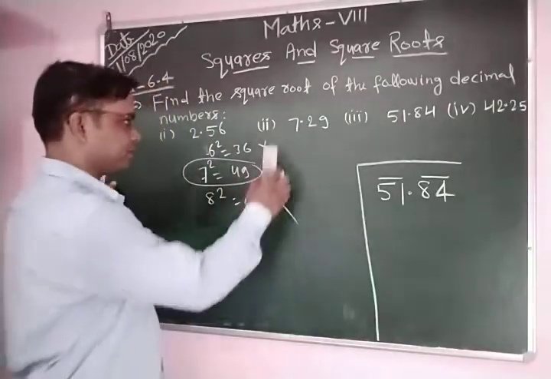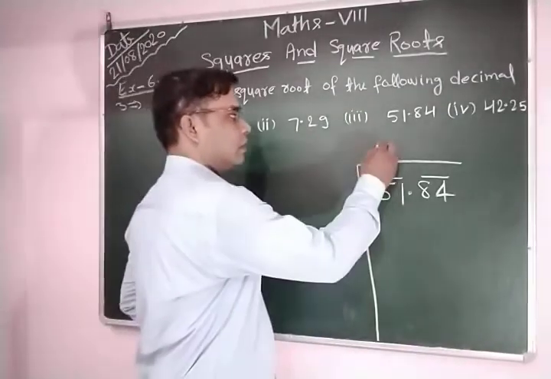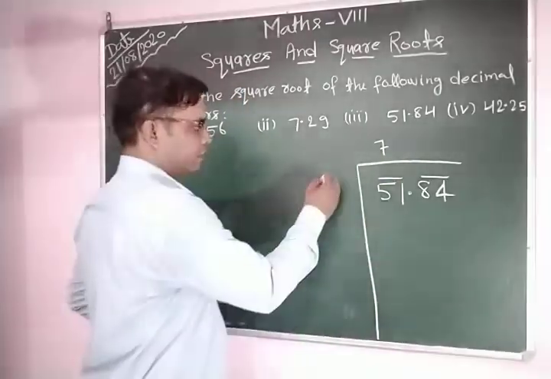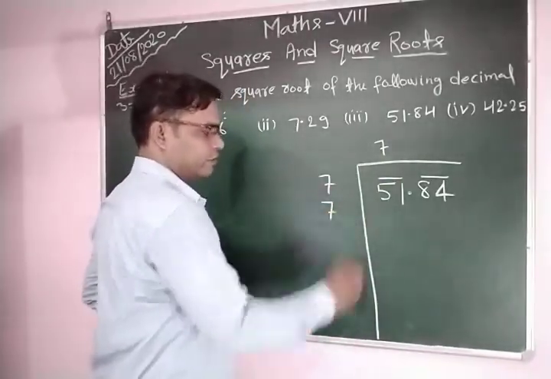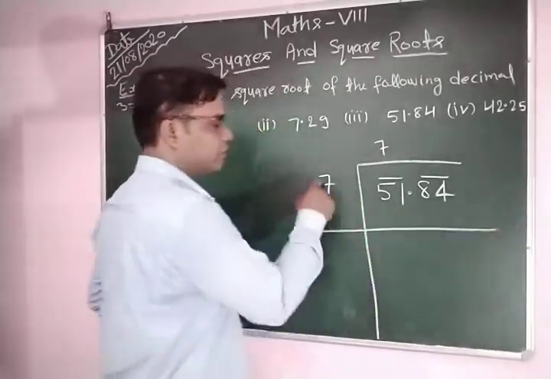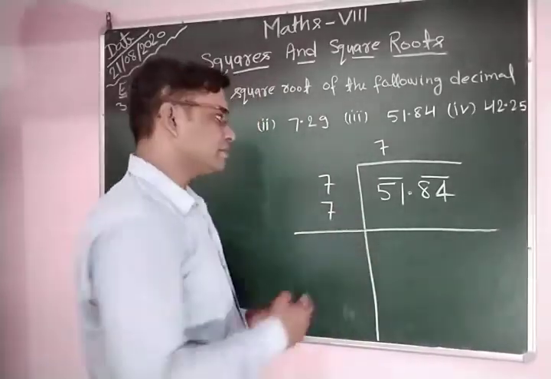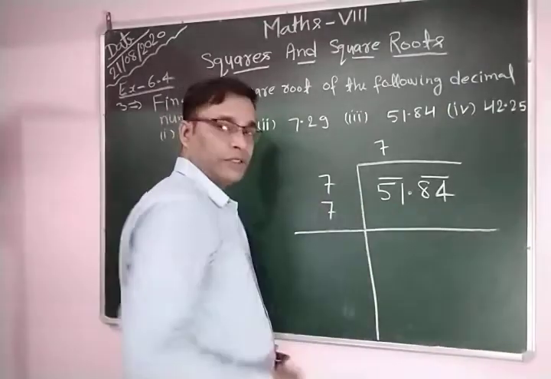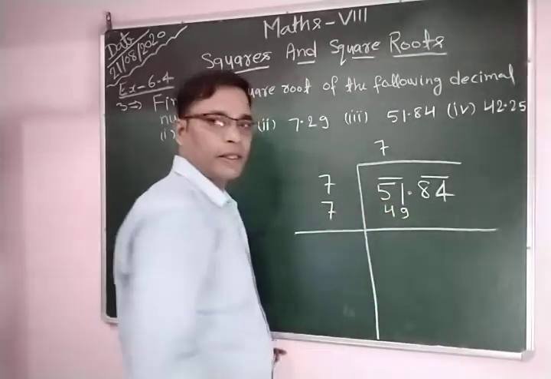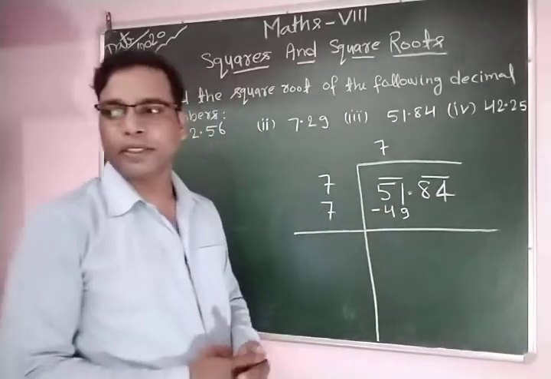Okay, so we write 7 on the top as the quotient, and 7 as the divisor. And again here we write 7. After this we multiply 7 by 7, the square of 7, and subtract it from 51. So 7 times 7 becomes 49, and after this we subtract. So we obtain here 2.